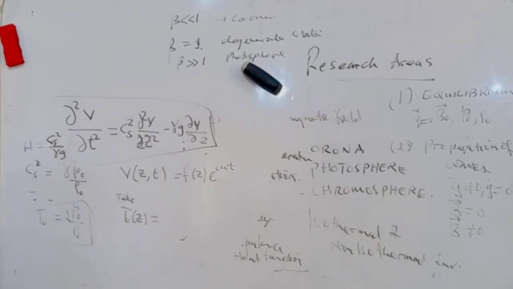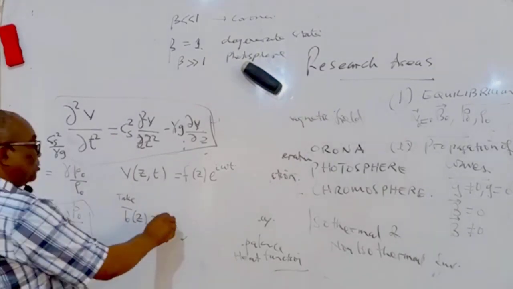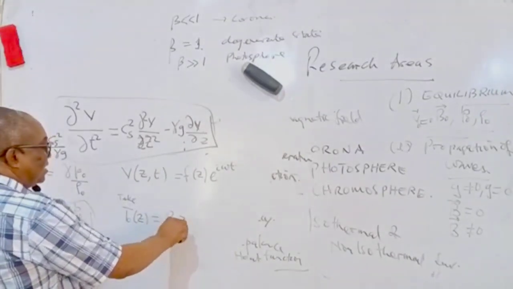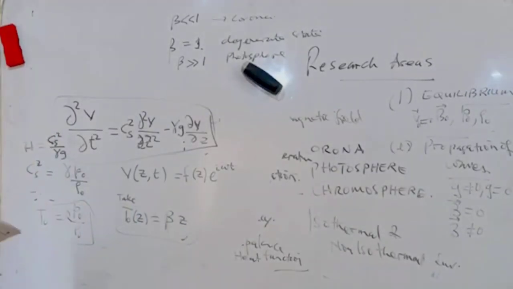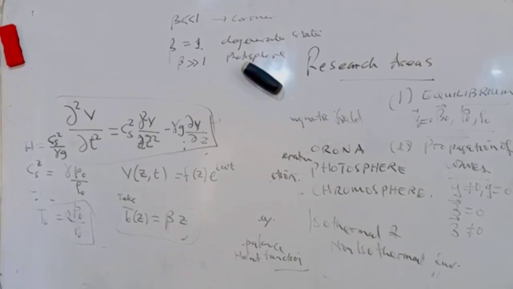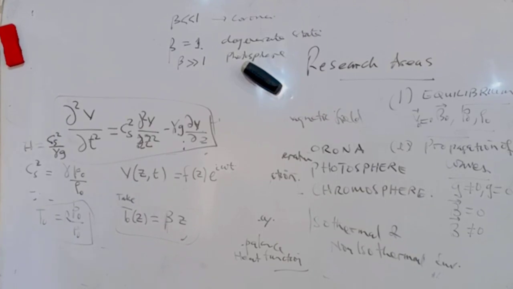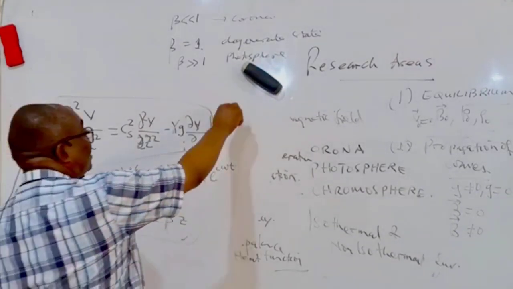So I want you to assume that T0 is equal to beta Z. We call this that B is linearly related to that. And that tells you that the temperature, instead of being constant, varies with Z, but linearly, so that the graph looks like this.